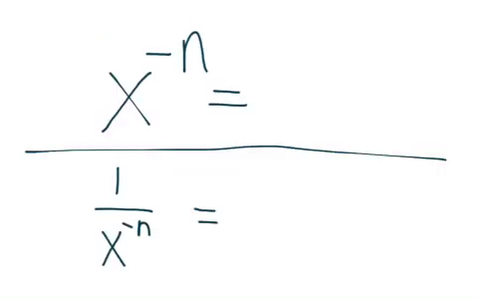Now, this is the rule you want to write in your notebook. So the first rule is here we have x to the negative n. Well, again, it's got a negative exponent. Don't want that. It's got to go in the denominator. So I'm just going to rewrite this as 1 over x to the n power.